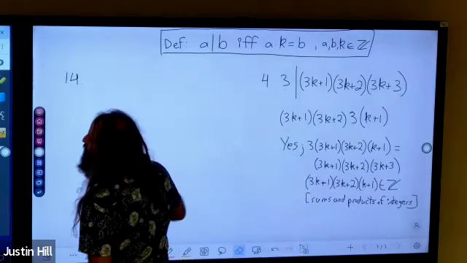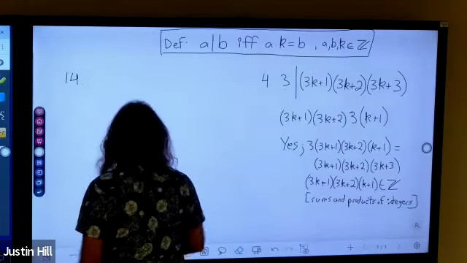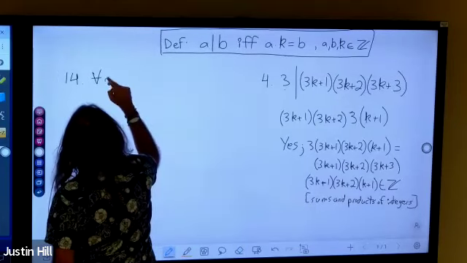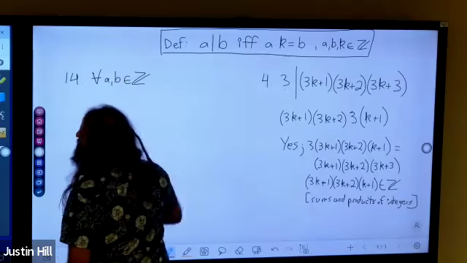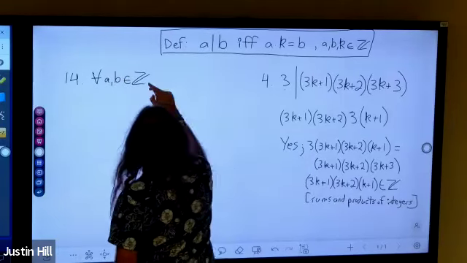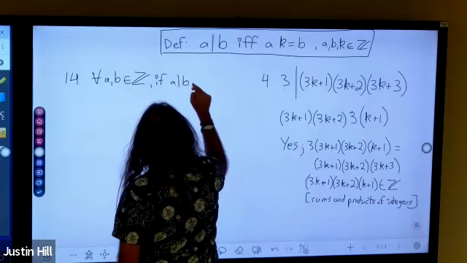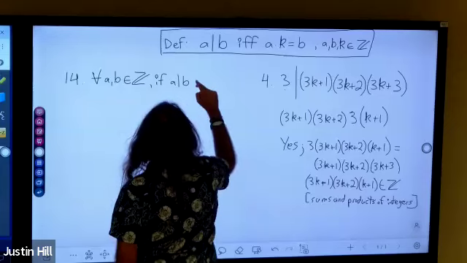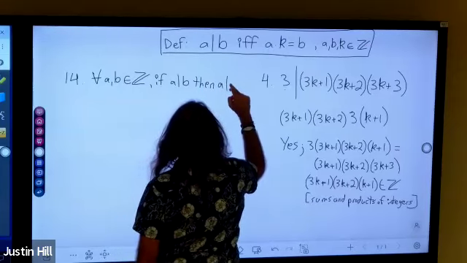So what we're trying to prove, she's saying for all integers a and b, if a divides b, then a divides negative b.